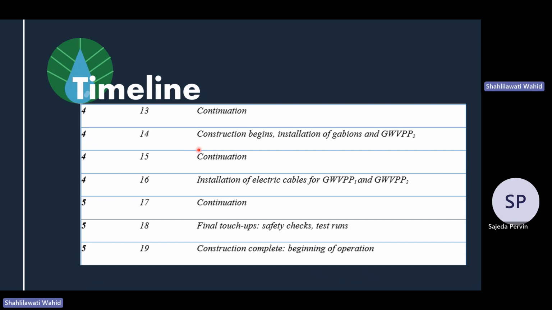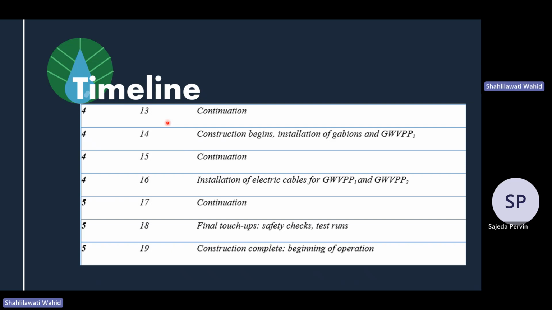And in week 16 and 17, we will install all the electric cables for GWPP number 1 and GWPP number 2 in order to conduct electricity properly. And in week 18, we will check everything and run tests for GWPP number 1 and number 2 in order to make sure it is safe.